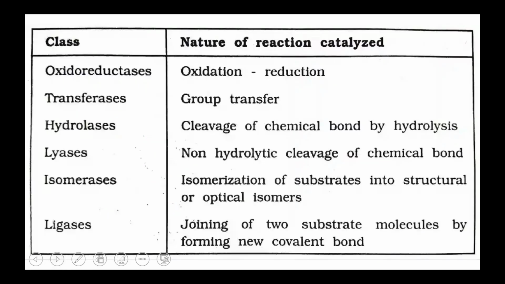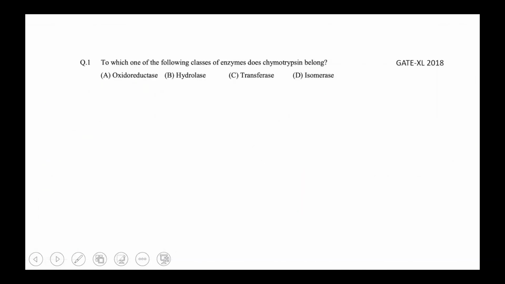This is the summary of the seven major enzyme classes. Oxidoreductases carry out oxidation-reduction reactions, transferases are involved in group transfer, hydrolases cleave chemical bonds by hydrolysis, lyases do non-hydrolytic cleavage of chemical bonds, isomerases isomerize substances into structural or optical isomers, ligases join two molecules by forming a new covalent bond using energy from ATP, and translocases catalyze the movement of ions or molecules across the membrane or their separation within the membrane.